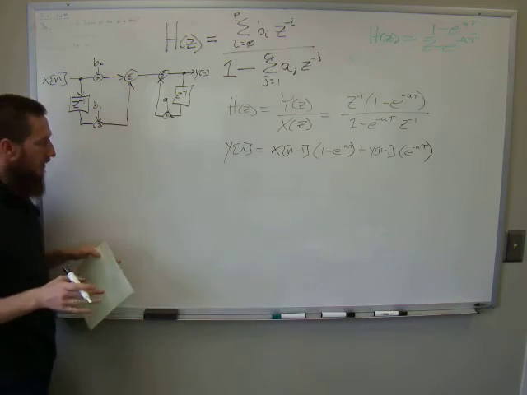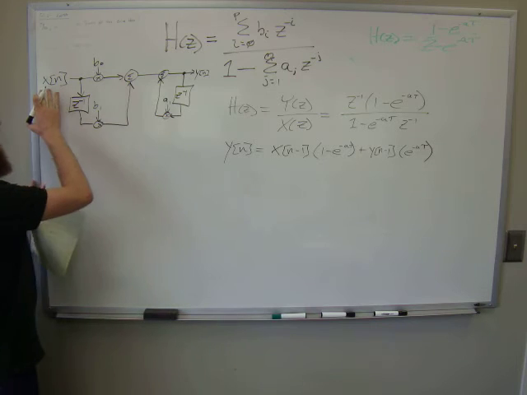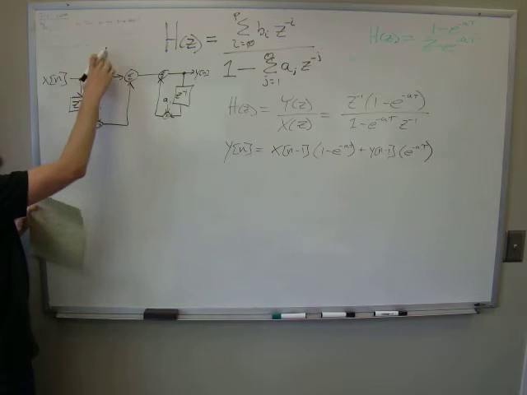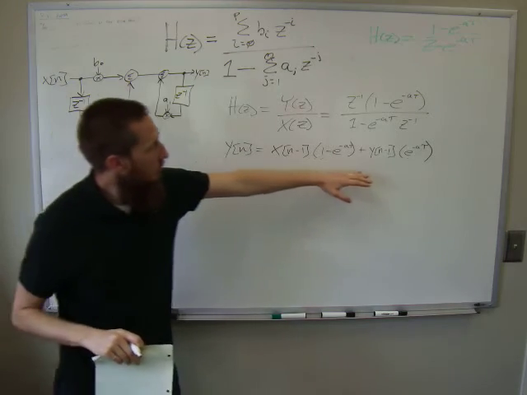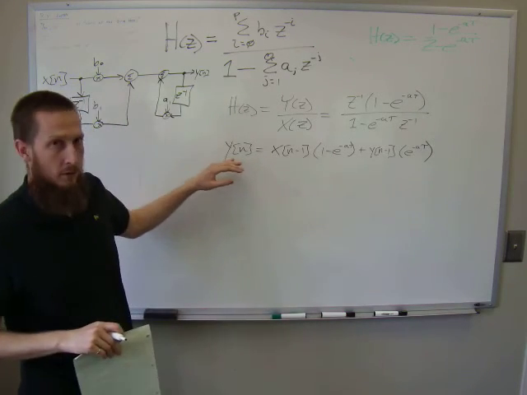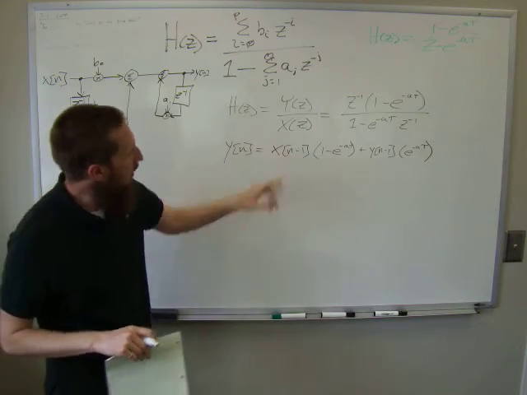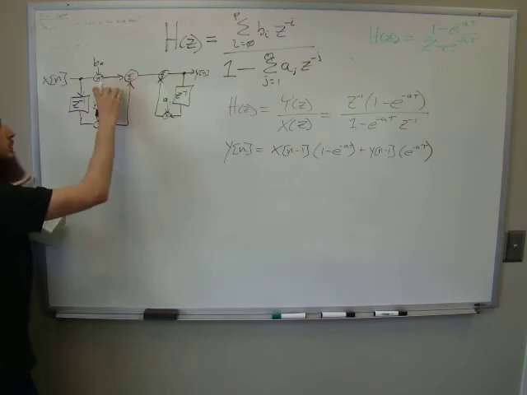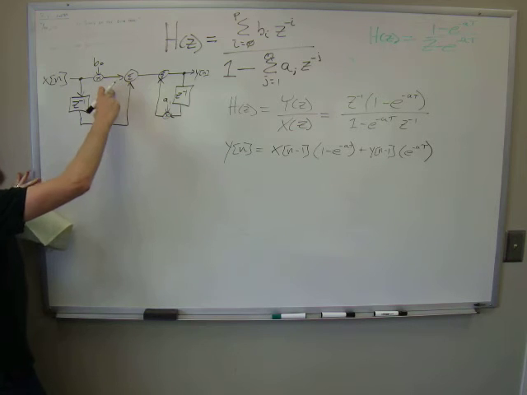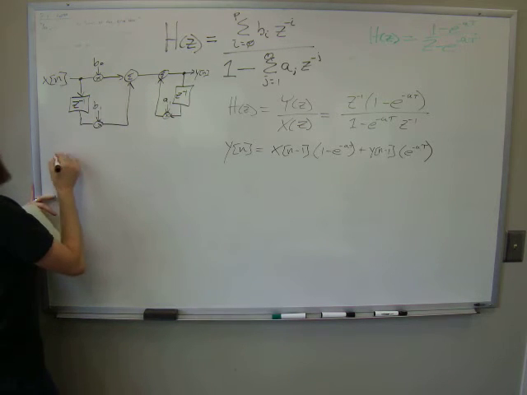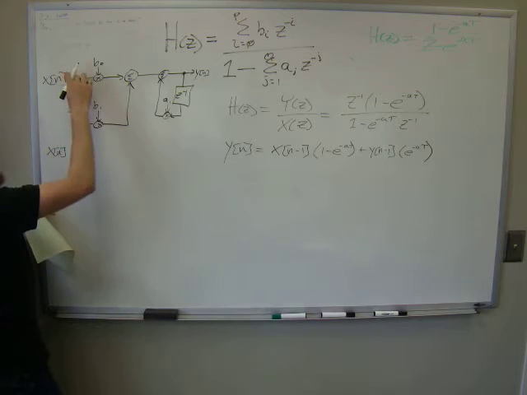Now the interesting thing that we can look at with this, x of n normally goes through this multiplier b of 0. However, in our equation, we have no x of n. We only have an x of n minus 1. So what that does to this hardware instantiation, we're going to assume that this b of 0 is equal to 0. And so then we have x of n, and it no longer goes through this multiply block, because that says multiply by 0.